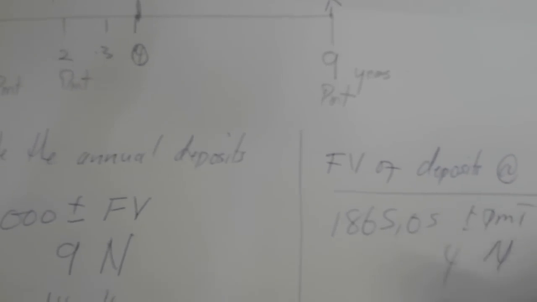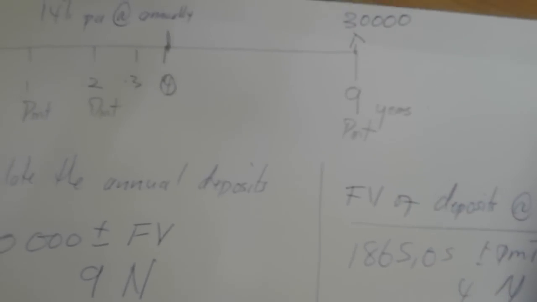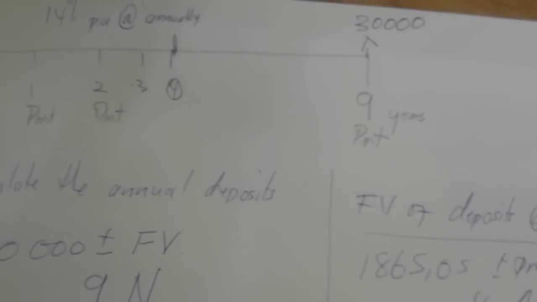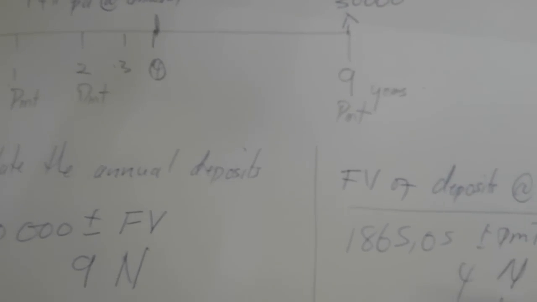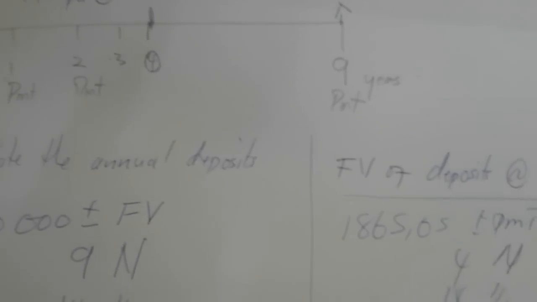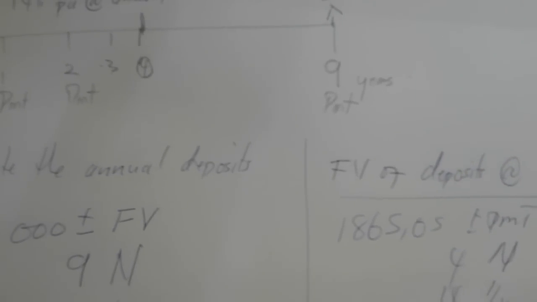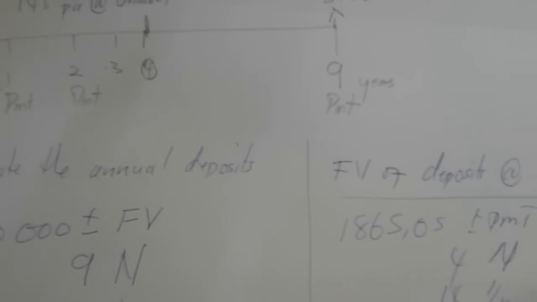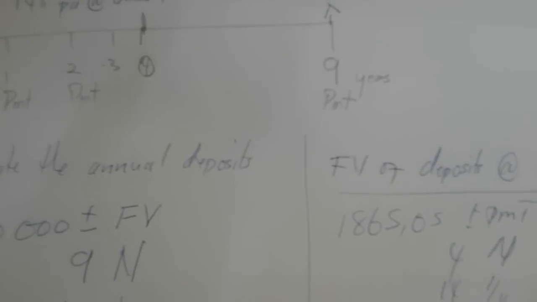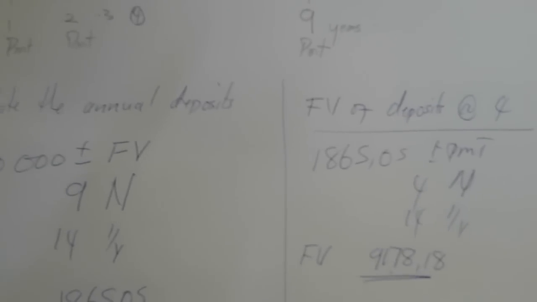Then your N is 4, of course, because that is 4 payments. Then your I is still 14. Then if you get your FV, it must be 9,178.18. There you go. But this answer is now here.